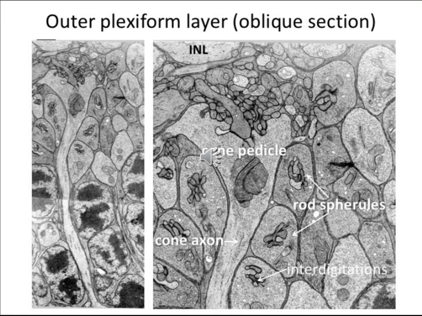This is a cone axon, as deduced from its light-density axoplasm and its large pedicle at the top right. Other roundish profiles at the right-hand side represent rod spherules cut arbitrarily with numerous inclusions. These are interdigitations of postsynaptic cells within the photoreceptor presynaptic site.